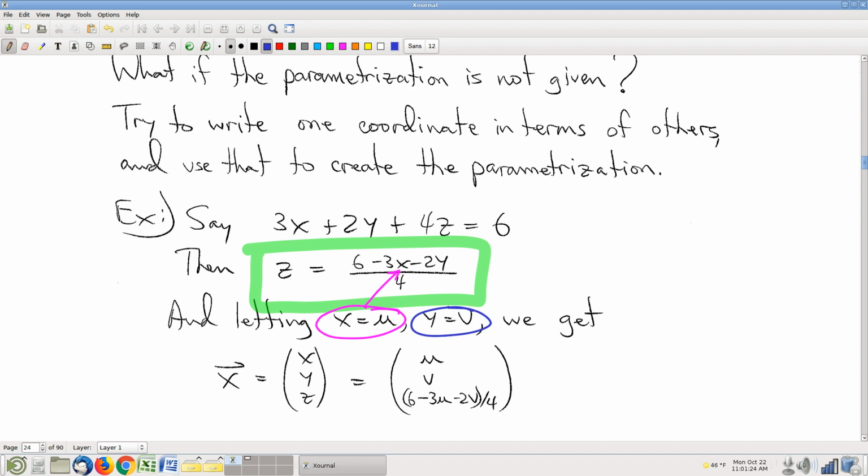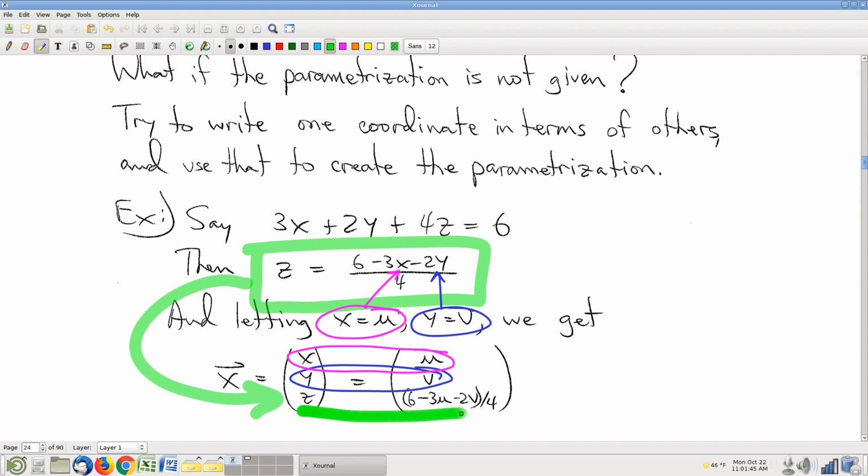Y, just call it v. Right? So y is v, x is u, and z, what is z? Well, don't forget z. We've just solved for z in terms of x and y. X and y are u and v. That gives me z as a function of u and v.